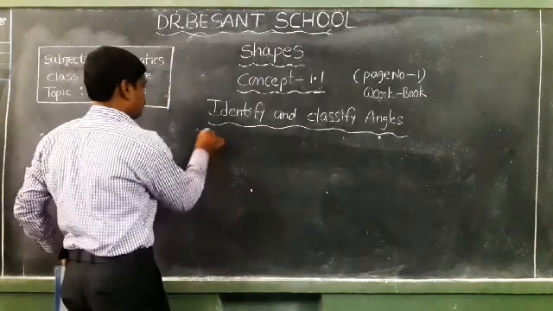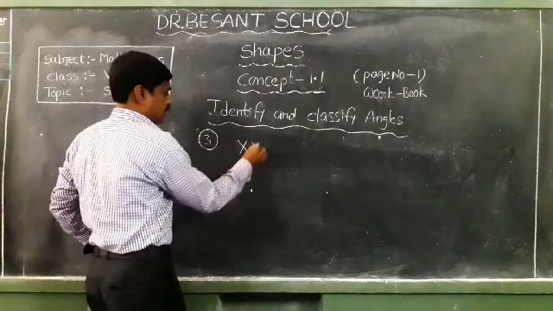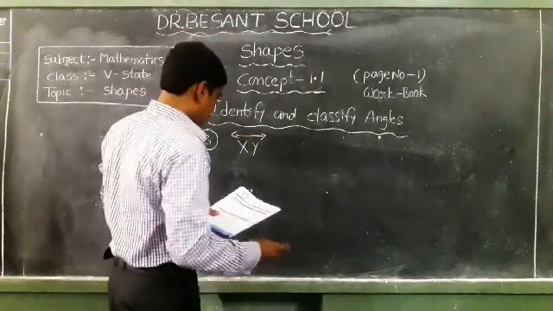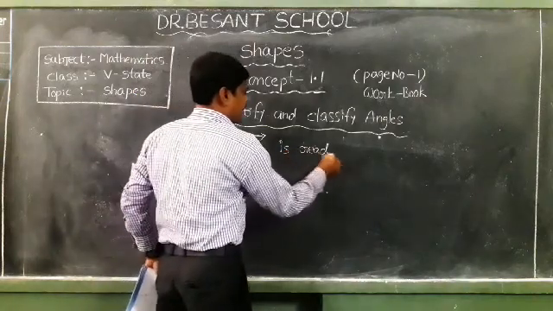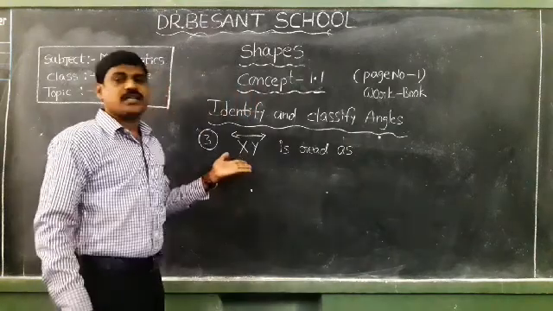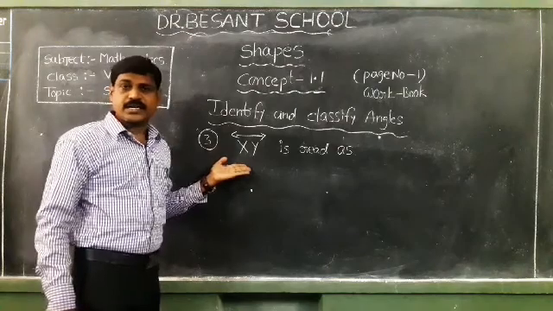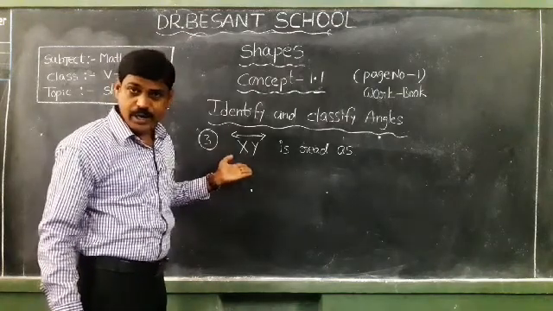Third one. It is read as... Easily you can understand what this is. Is this a line segment? No. Is this a ray?